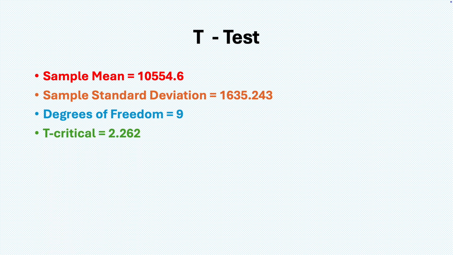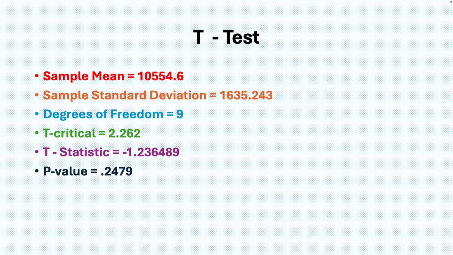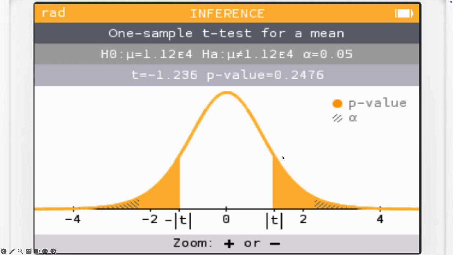There were 9 degrees of freedom. My t-critical value is 2.262. The calculated t-statistic is negative 1.236489. Okay, with a p-value of 0.2479. Okay. When I use the data generator on the calculator on the iPad, this is what it gave me.